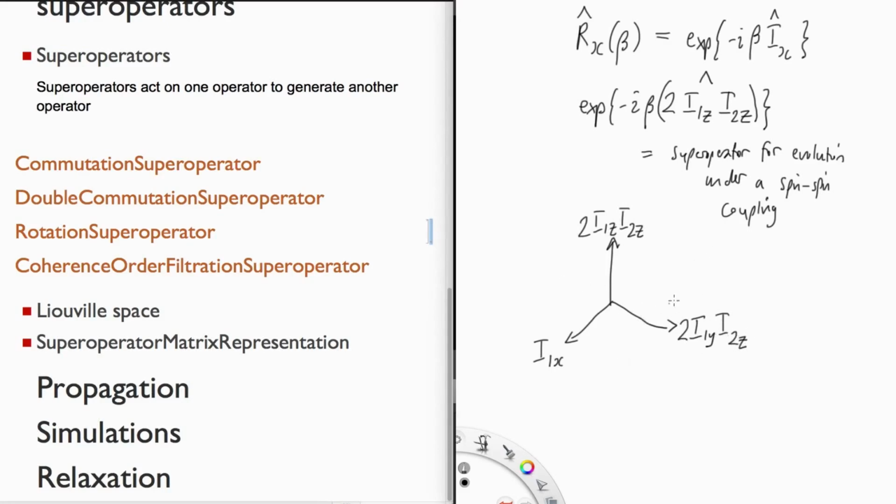These are product operator evolution rules which were worked out many decades ago. So this operator here is generating evolution under this ZZ operator. So we can think of that superoperator as generating that rotation.